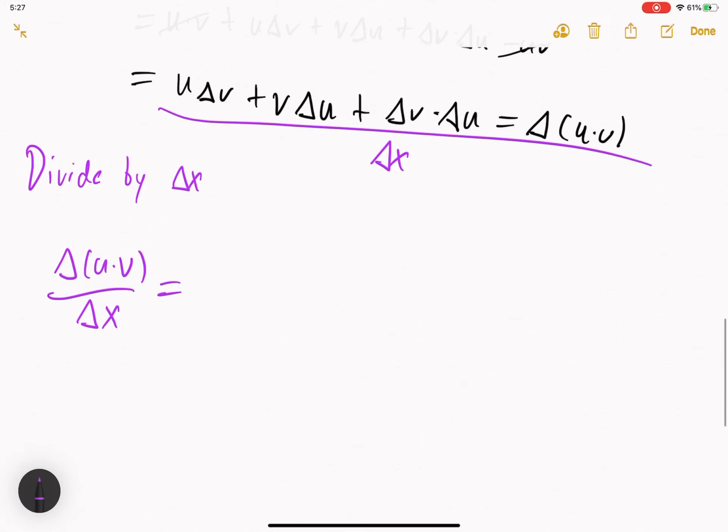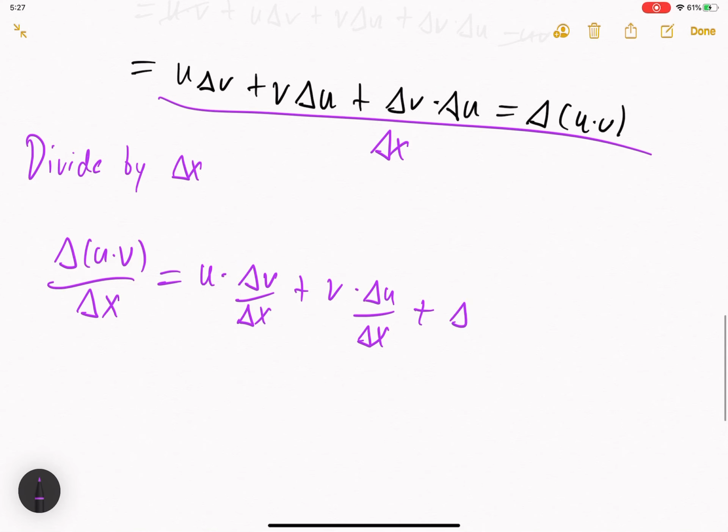So the first one is u times delta v divided by delta x, plus v times delta u divided by delta x. This is what I mean by putting them together. Then plus the last one, delta v divided by delta x times delta u. It doesn't matter which one you do, it could be delta v or delta u. Just put it on one of them.